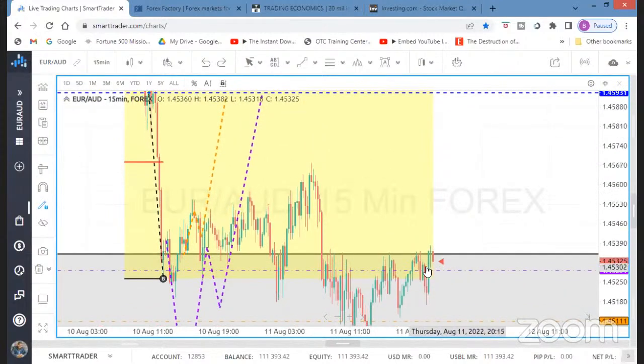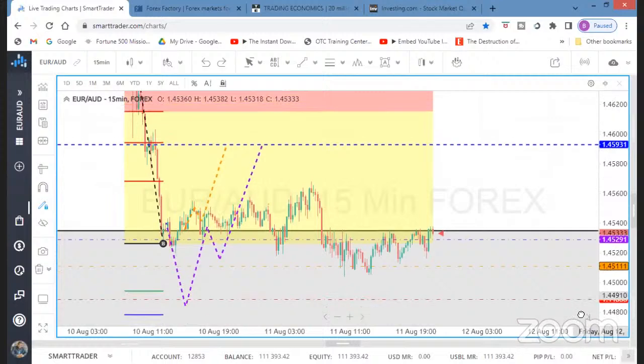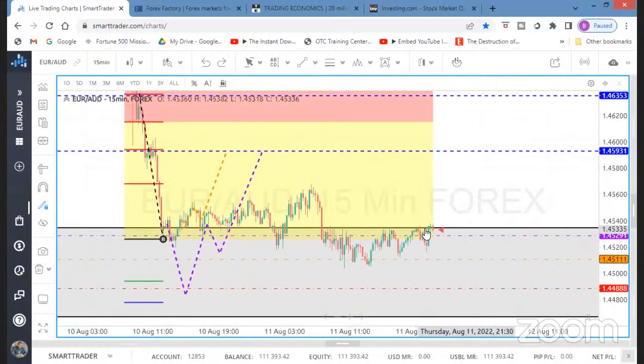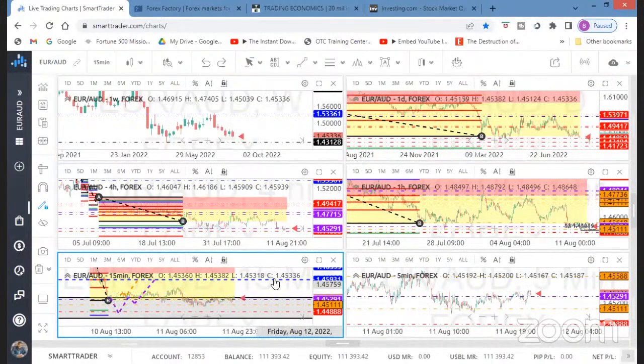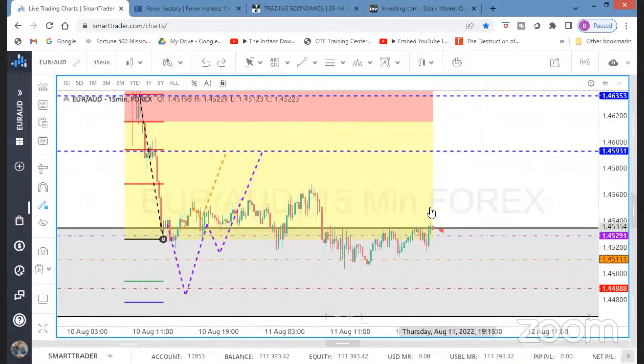We broke back above this 4-hour level. So let's continue to watch to see how that plays out. Okay, because that could be a nice move to the upside if it's ready to go. So let's continue to keep our eye on that for a potential correction back to the upside. Okay, so Aussie CAD, Euro Aussie.